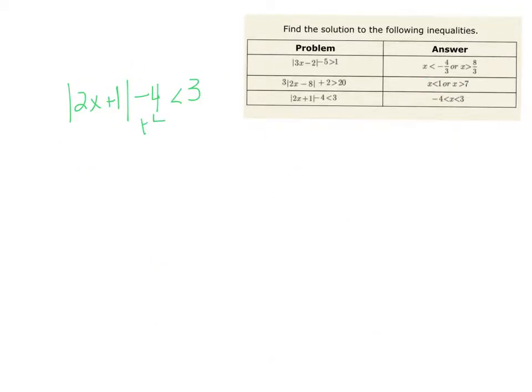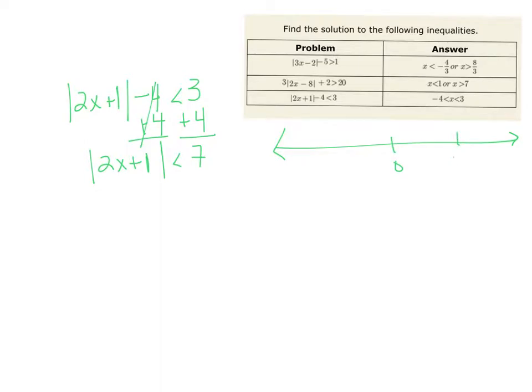In isolating this absolute value, I need to add 4 to both sides. So I have the absolute value of 2x plus 1 is less than 7. Visualizing this on a number line, if I'm less than 7, it means I don't equal 7, but I want anything between 0 and 7.